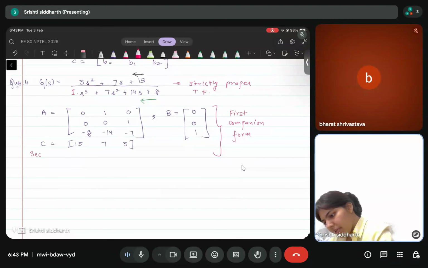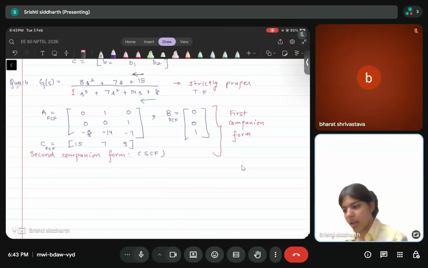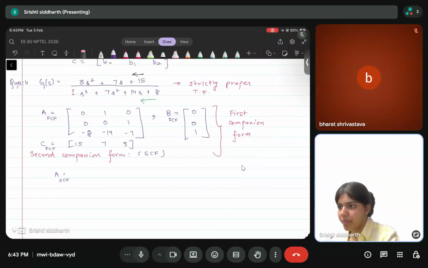For the second companion form, so let's say this is the first companion form. For the second companion form, we have a relation between these two systems. So A in the second companion form is the transpose of this matrix.